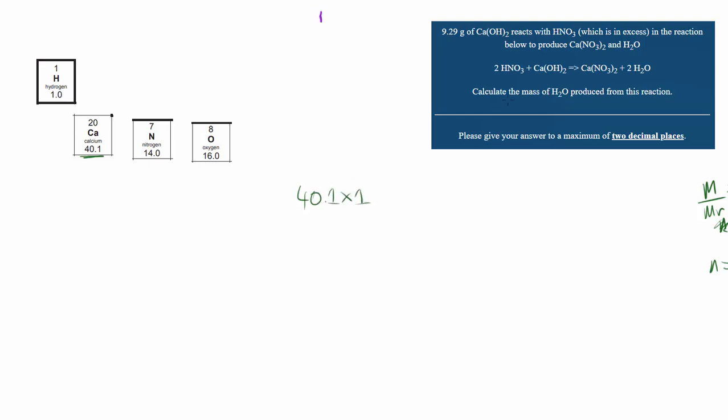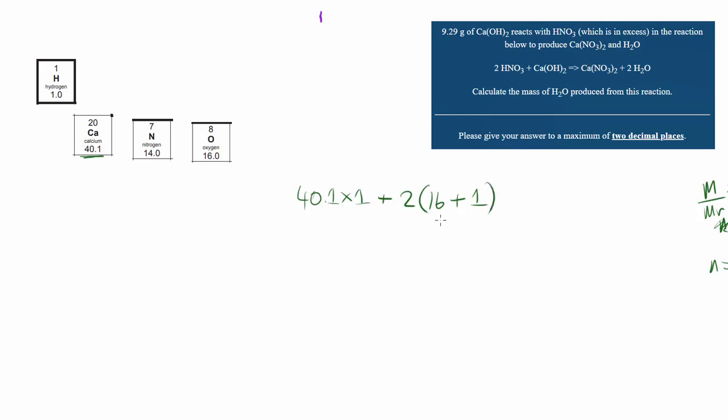So that's just from the CaOH2, plus 2 multiplied by the oxygen relative atomic mass, so 16, plus the MR, the relative atomic mass, or in this case MR of hydrogen, which would be 1, right?